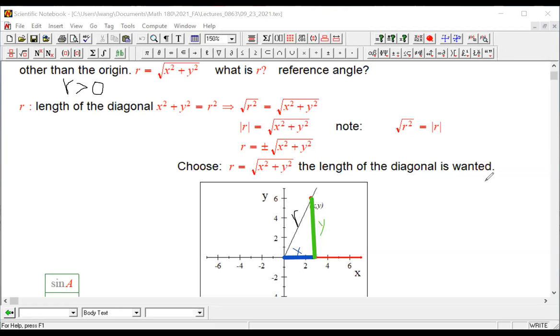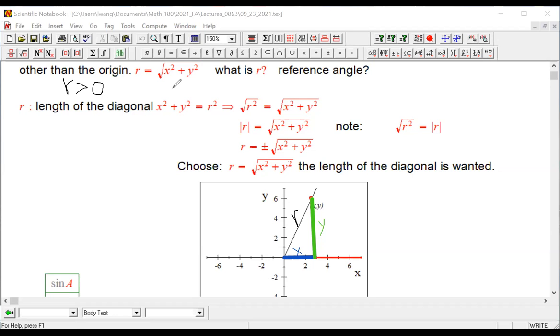All right, so are you done taking notes? So this is the stage set, right? Everything is specified: x, y, the meaning of x, the meaning of y, and r. r is the actual length of the diagonal. r is always positive, the way it's being defined.